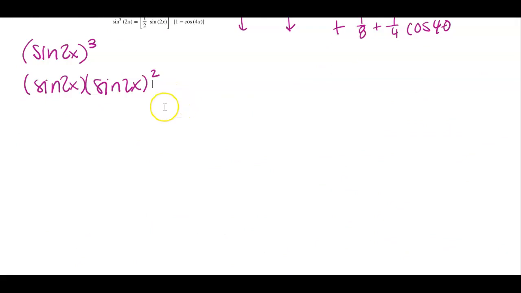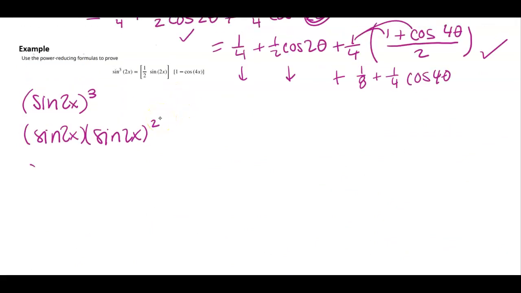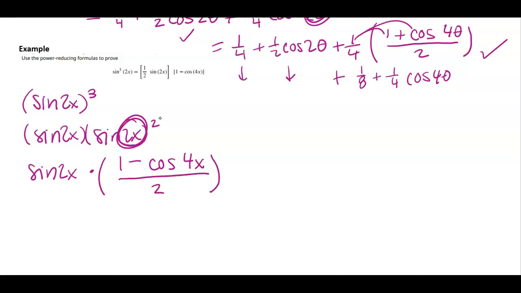So let's leave that sine of 2x there. And we're going to have 1 minus cosine. Now, again, we have to be careful because this is sine of 2x, so I'm going to have a 4x, a 2 times 2x on the inside. Sorry, no squared there because we're substituting this piece here.